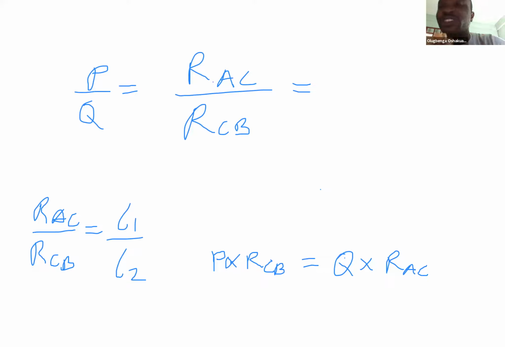Since they are directly related, we can say P over Q equals RAC over RCB, then L1 over L2. You can make things simpler by, instead of saying L2, saying L1 divided by 100 minus L1.